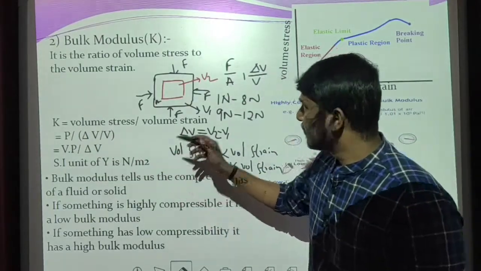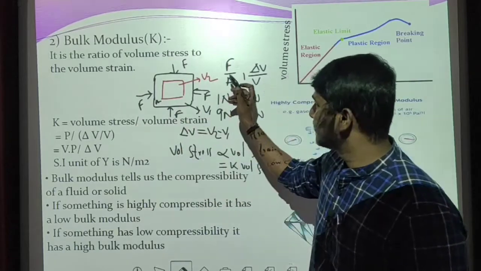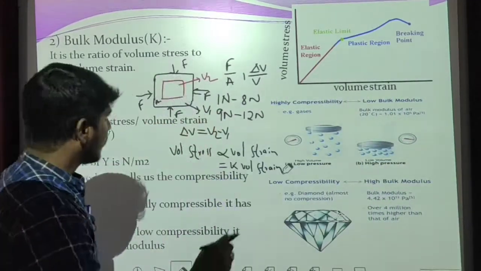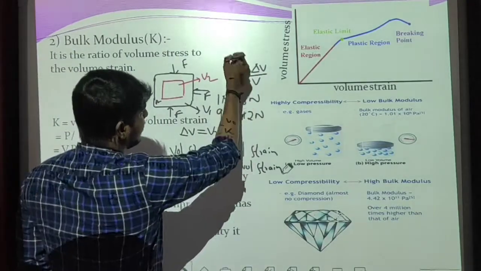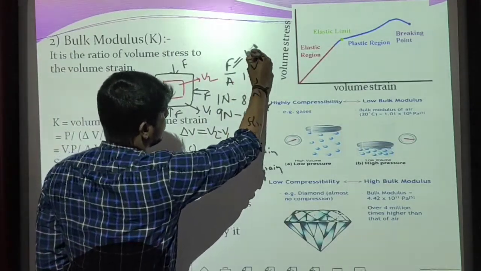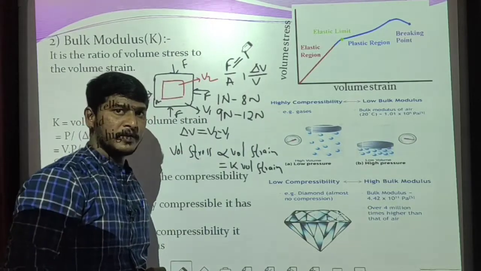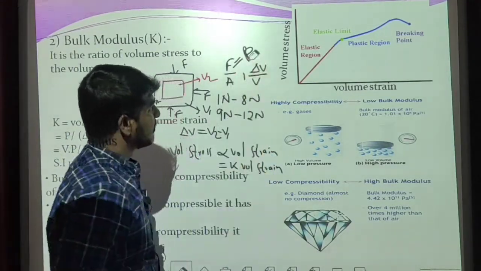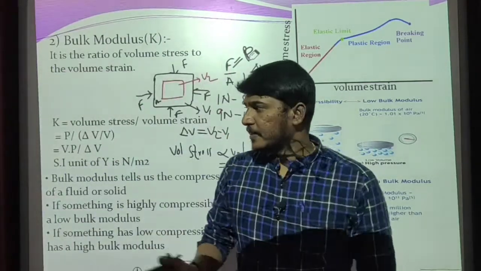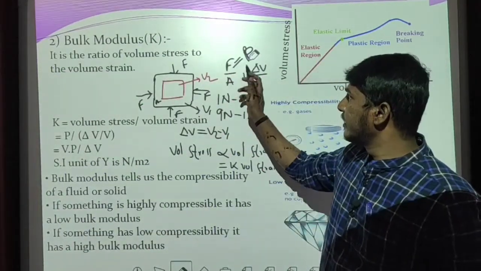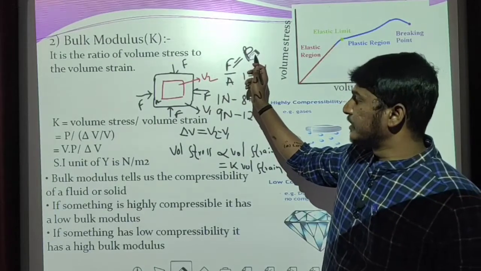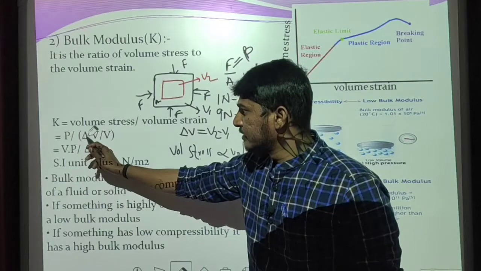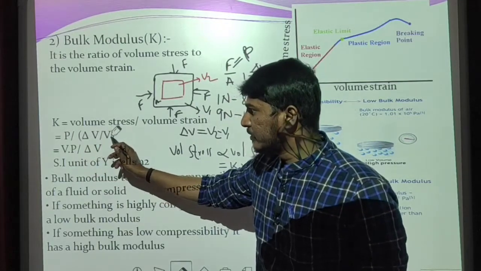If you substitute volume stress, volume stress is nothing but F by A here, and we know that F by A is equal to P. Force per unit area is nothing but pressure. Here in the place of F by A, we are going to substitute P, that is pressure, divided by change in volume by original volume.